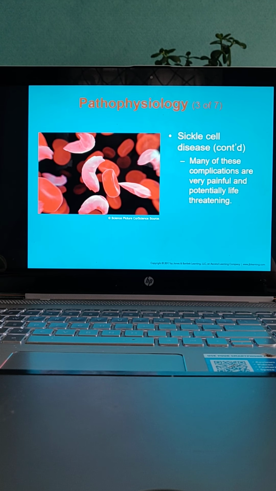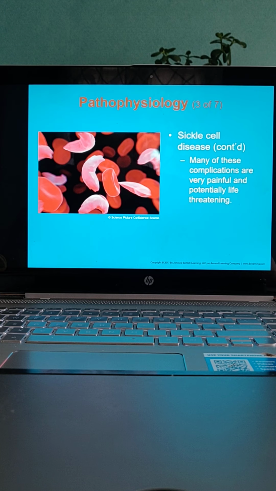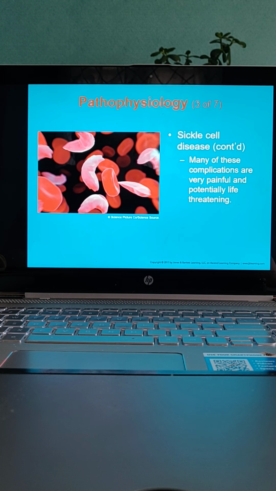And by increasing the chances for clotting, blood clots in the body, they call that vaso-occlusive crisis. Vaso-occlusive crisis is when the sickle cell increases the opportunities for clots in the arteries and the veins.